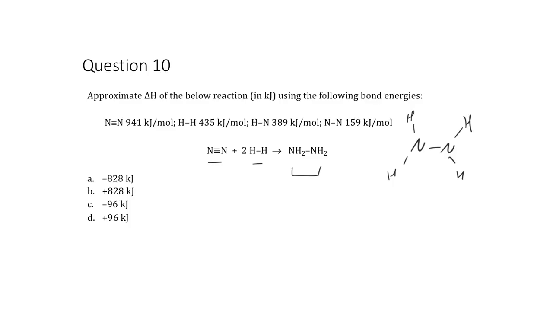And so using bond enthalpies, the way this process works is we calculate how much energy it takes to break the bonds in the reactants, and we figure out how much energy we get back when we make our new bonds.